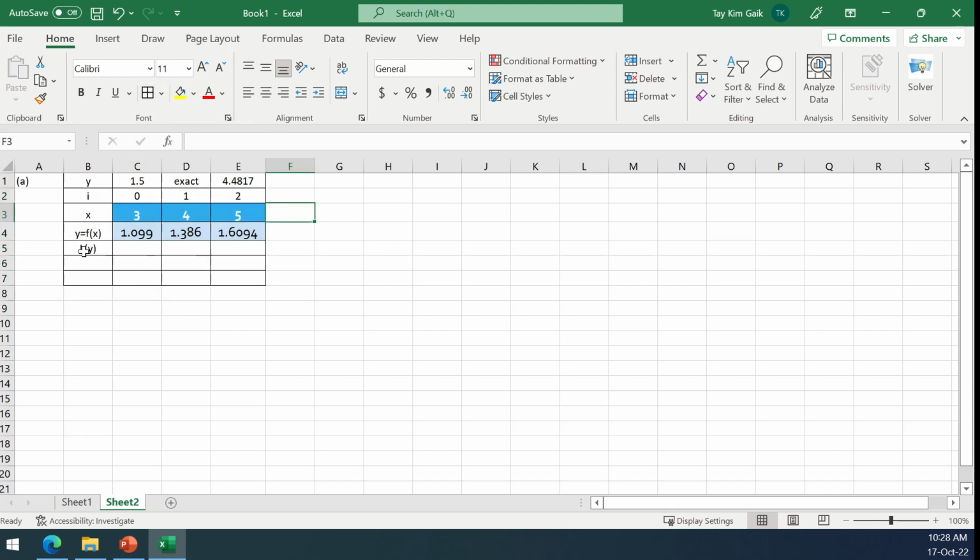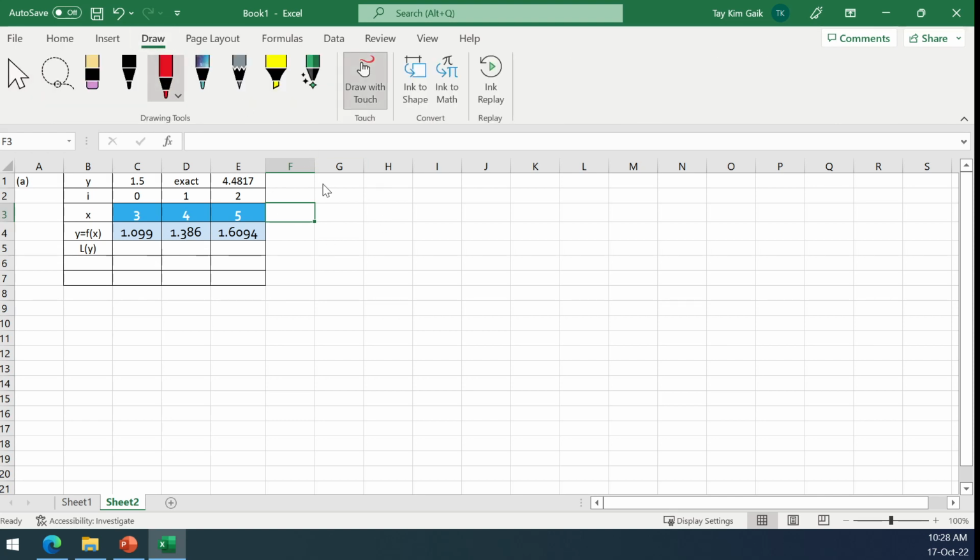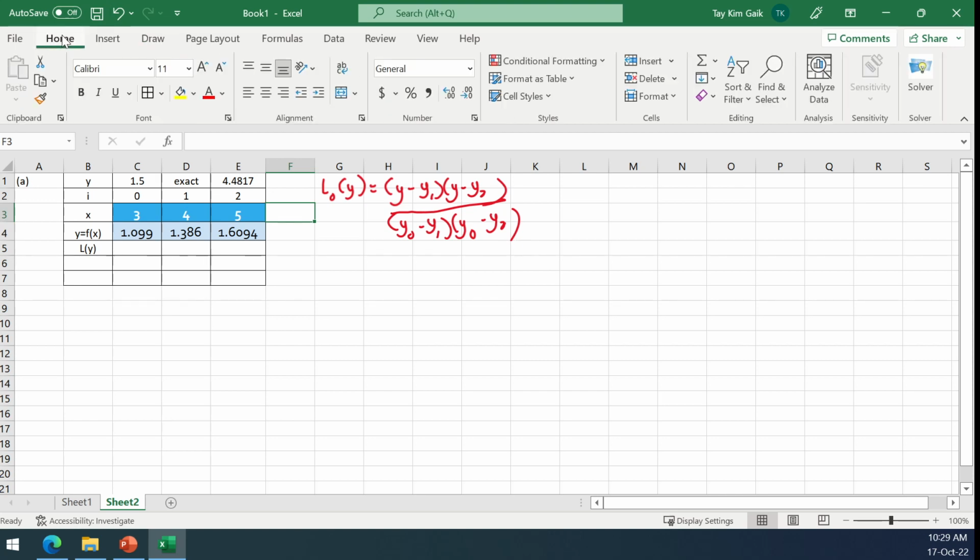So be careful, for inverse, L is a function of y, and you just need to key in L0 correctly. L0 as a function of y will be equal to (y − y1)(y − y2) divided by (y0 − y1)(y0 − y2). Then you calculate, just make sure you calculate L0 correctly.